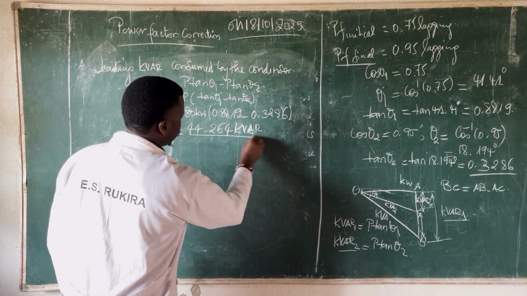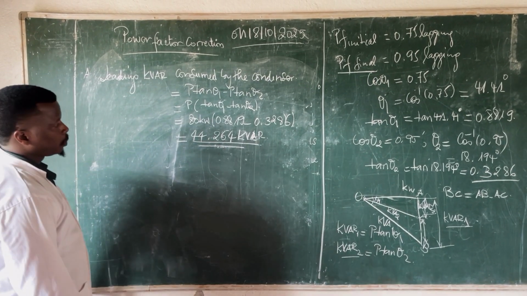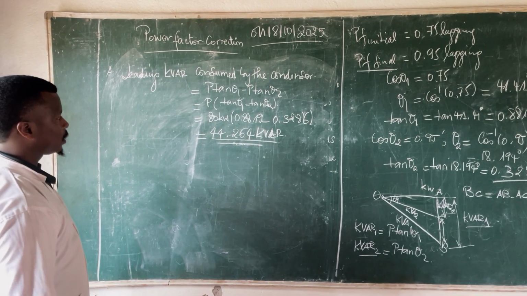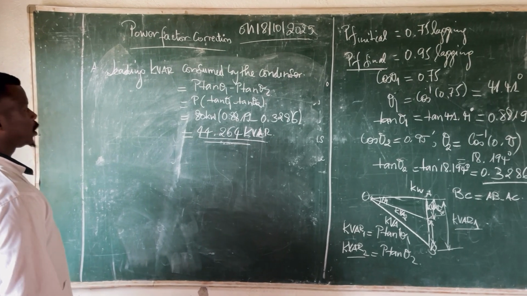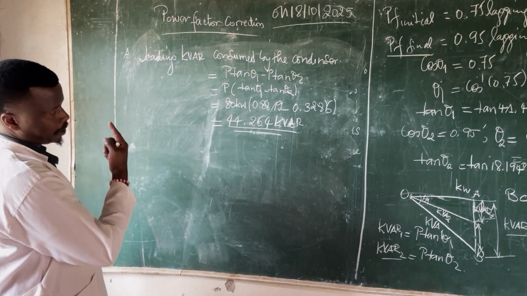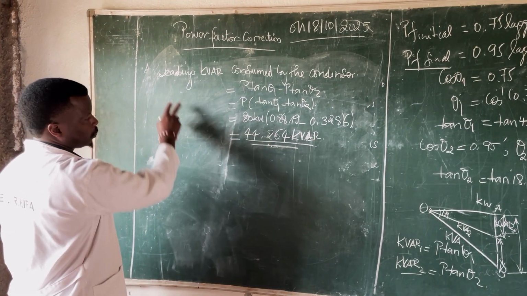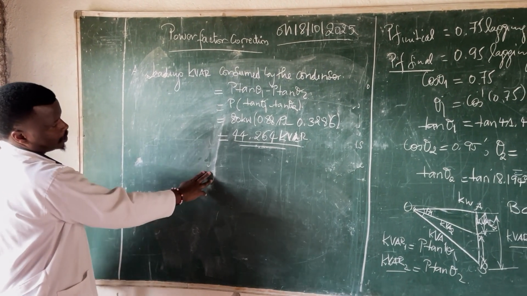That is the reactive power the whole condenser will consume. But it is in delta, it is in sum. So we have to search the reactive power that will be consumed by a condenser per phase. So for this three phase, we have to divide by 3.